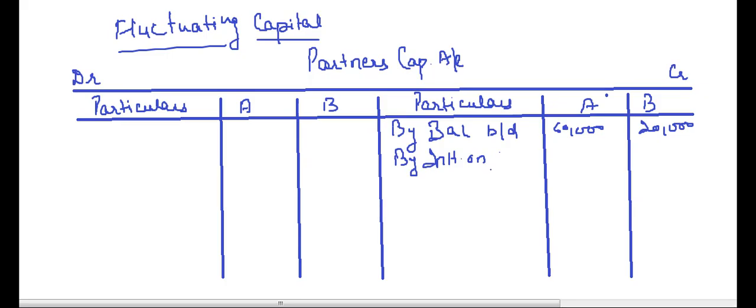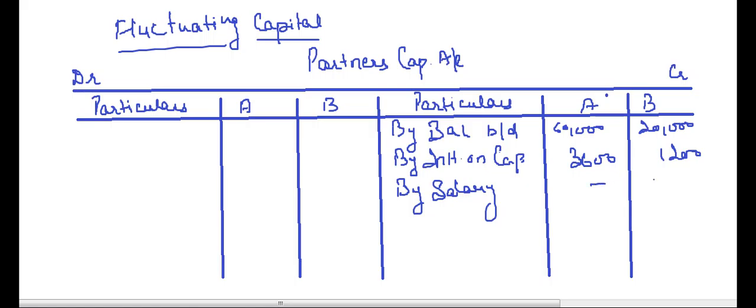We have interest on capital 3600 and 1200. We have salary. A will get nothing, B will get a salary of 6,000. We have profit. We say P&L appropriation account 6750 and 6750.